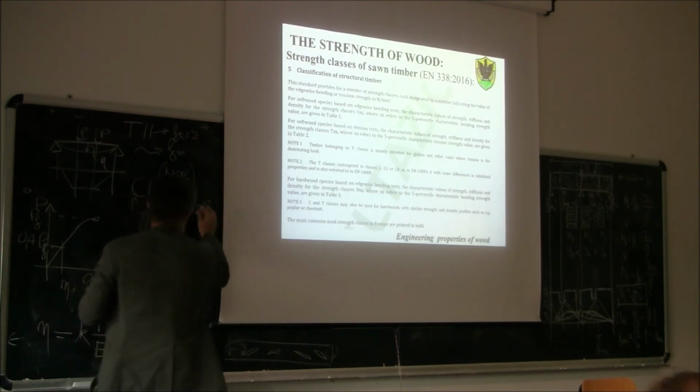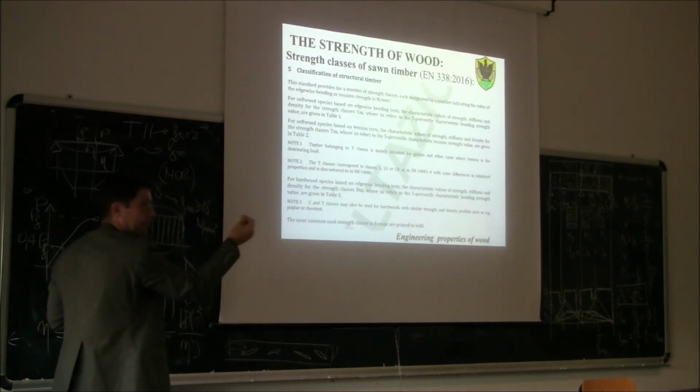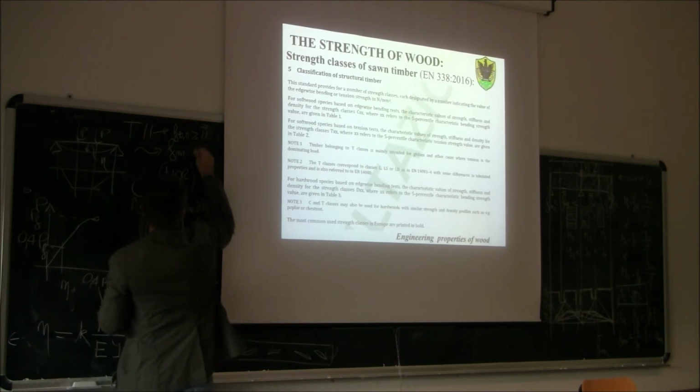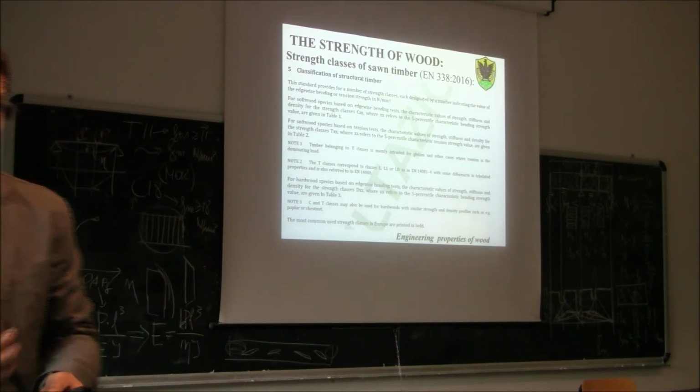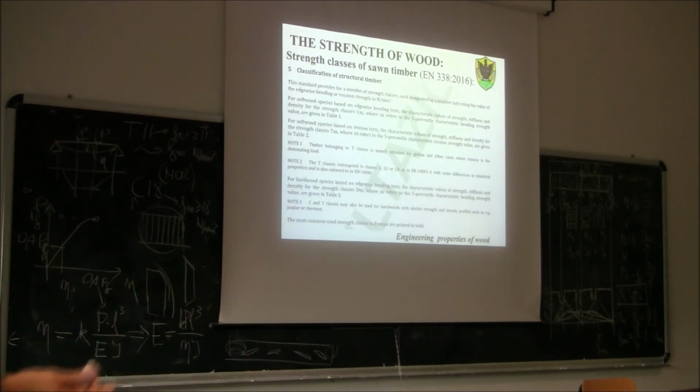It should be greater than 11 Newton per square millimeter. So a strength class is a class of material having a strength greater than or equal to the limit. Okay? So class T and class C.